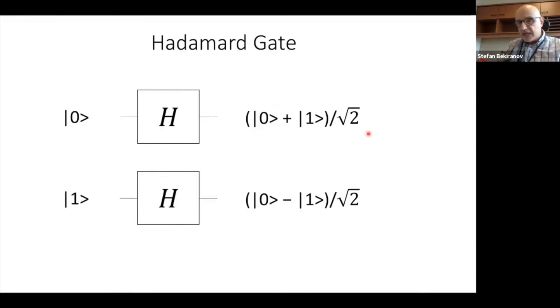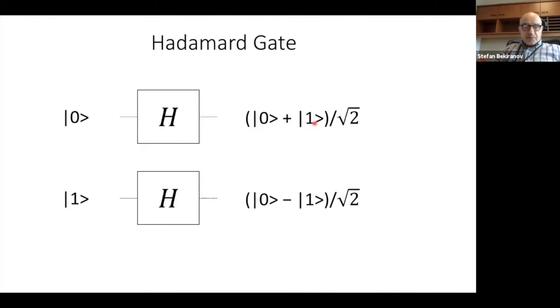This is one of those consequences of quantum mechanics. This is a trivial property of the Schrödinger equation: if 0 is a solution and 1 is a solution, then the sum is a solution, the superposition.